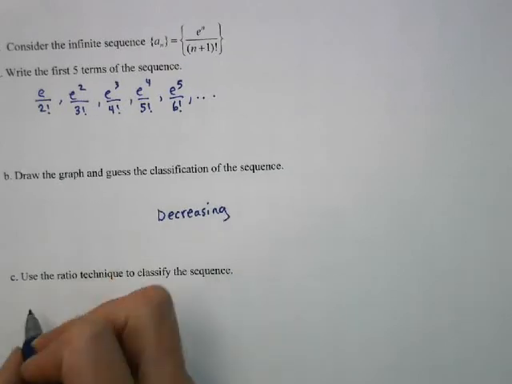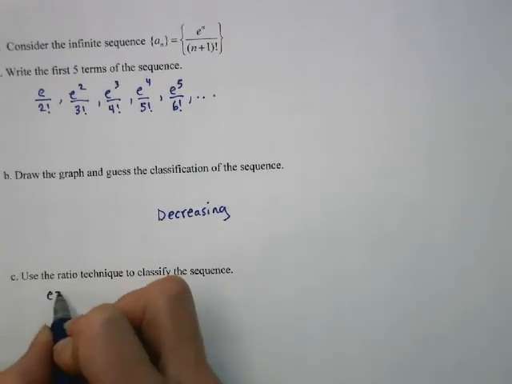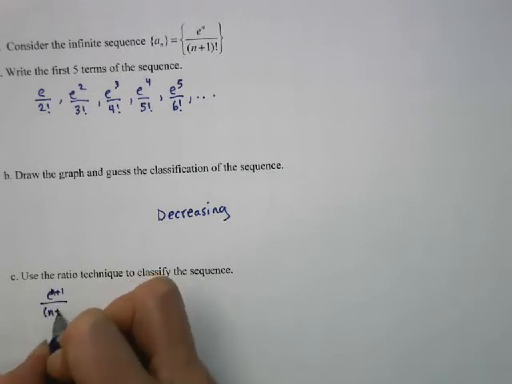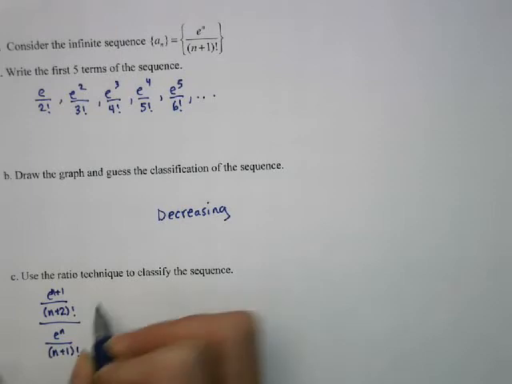So when we have factorials and exponentials, we know things fall apart. So e to the (n+1) over (n+2) factorial over e to the n over (n+1) factorial.